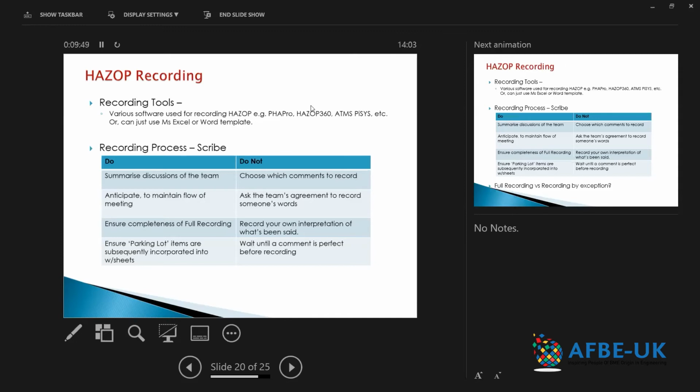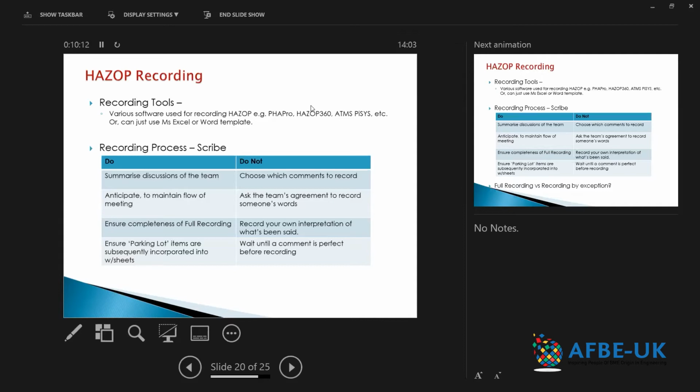Hopefully, the bits earlier came through. I'm talking about the do nots, what the scribe shouldn't be doing as they are recording. The scribe should not record their own interpretation of what's been said. That's different from summarizing the discussions and anticipating the flow. Their own interpretation is not what's meant to be recorded.